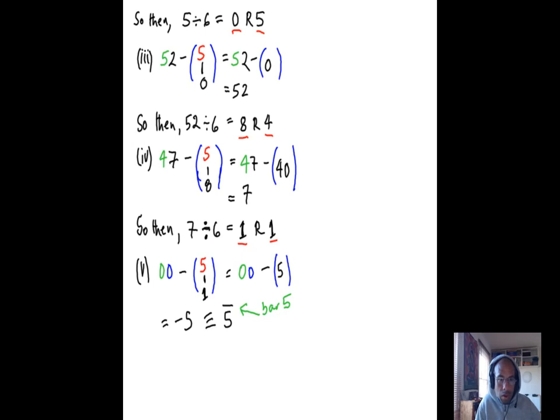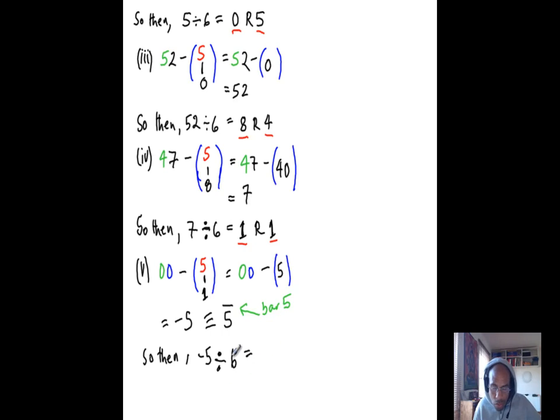So then what we're going to do is, we say minus 5 divided by 6. We're always dividing by 6. That's equal to, can't do it, can you?